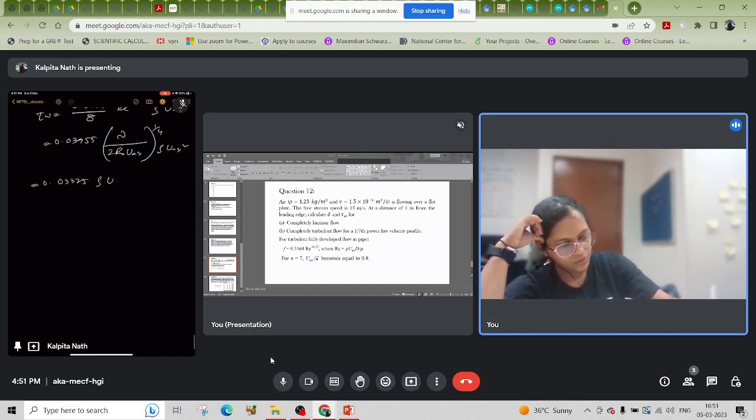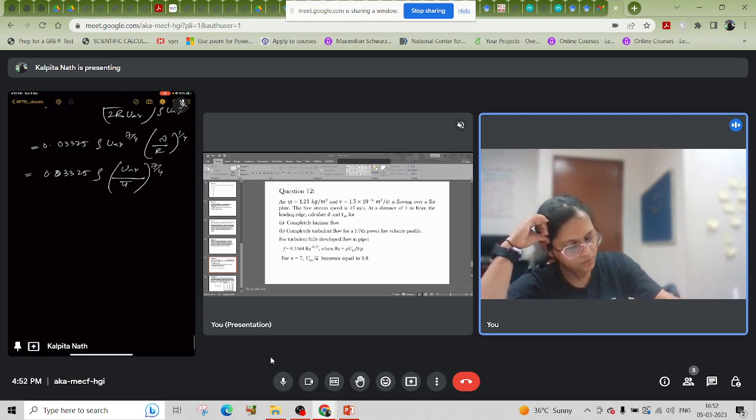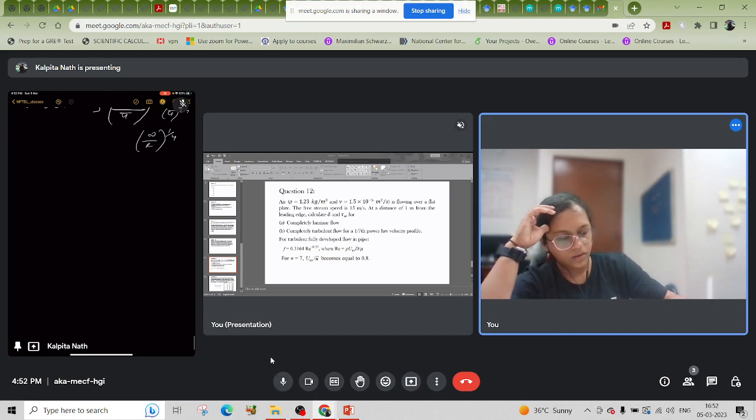0.03955 rho U average to the power 7 by 4, nu by R to the power 1 by 4.